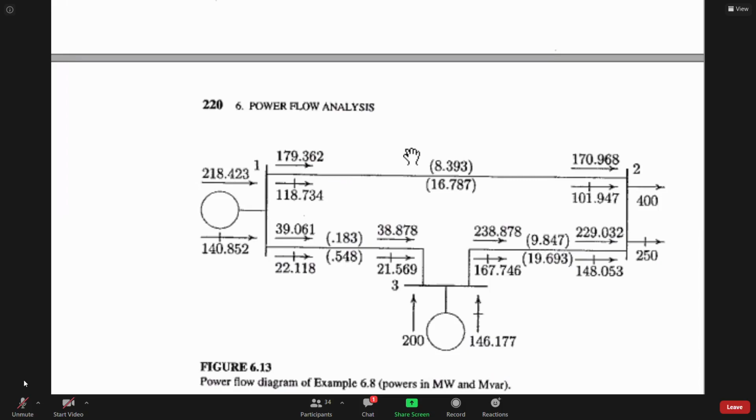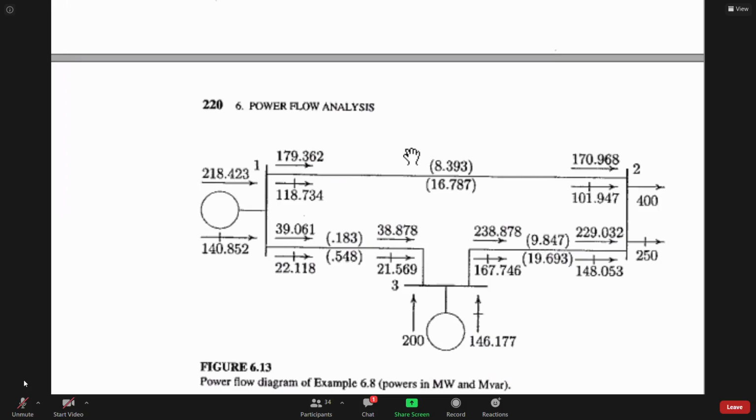After that we will cover fault analysis: the balanced type of fault for the power system, which is the three-phase fault, and the unbalanced types of fault, which are single line to ground, double line to ground, or line to line fault. Those will be unbalanced faults.